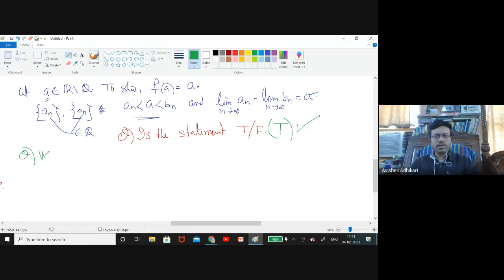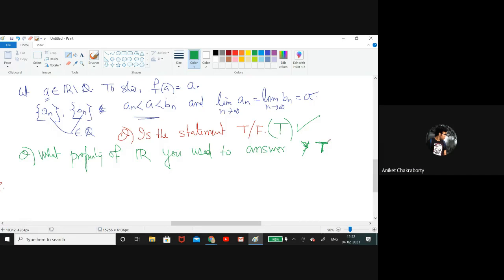What property of R did you use to answer yes or true? Key property. What property have you used here? Sir, the rationals are dense inside the reals.